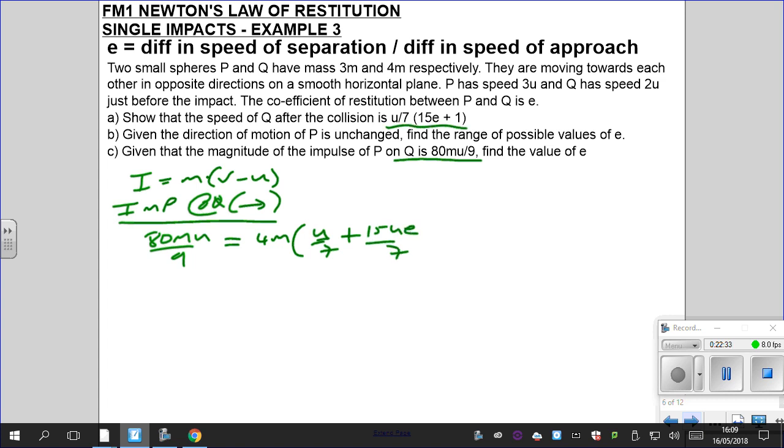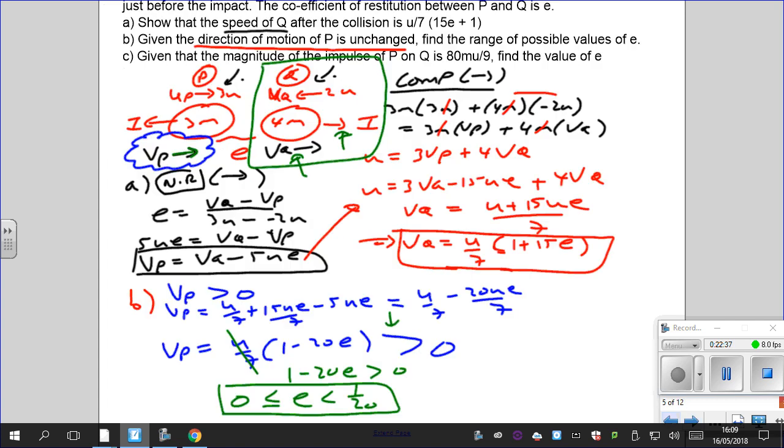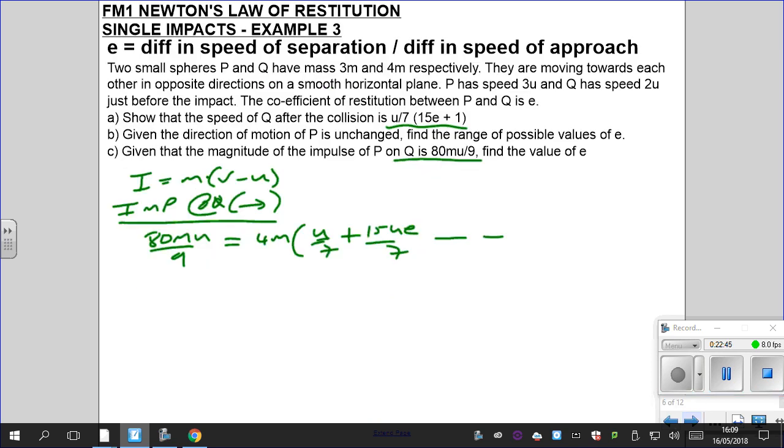I just worked that out here. Minus our value of UQ. But UQ is going to the left. So this is minus minus 2U, which becomes plus. Notice straight away the M's cancel. Notice straight away the U's cancel.